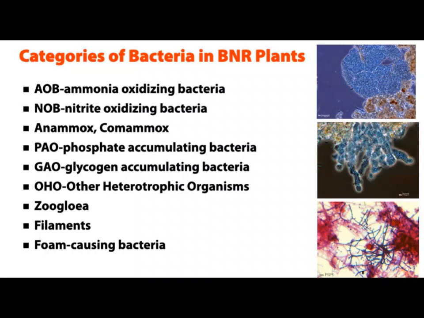And to get all of the energy released from that, it has to go through those two oxidation state changes. Okay? So there are species of bacteria that know how to do the second stage of that oxidation. So they work hand in hand. Ammonia oxidizers take it apart the first way, and the nitrite oxidizers take it apart the second way.